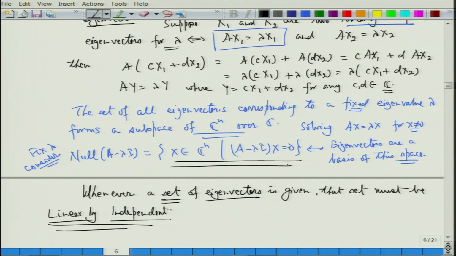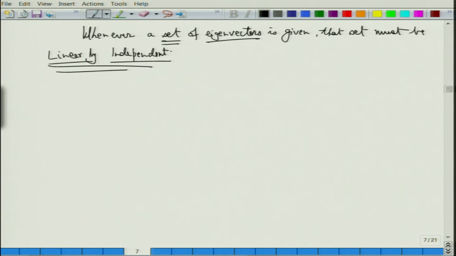Fine. So I have given you the idea of what is called a characteristic vector or an eigenvector, null space, latent root or characteristic root or eigenvalues and so on. Fine. So let us now try to prove results for these ideas. All right. So, theorem.